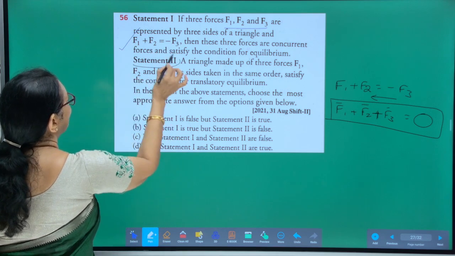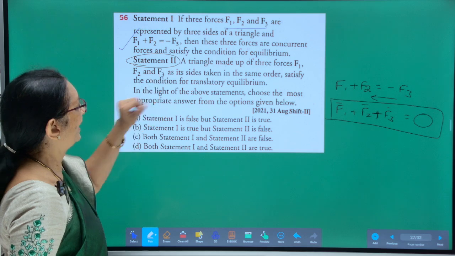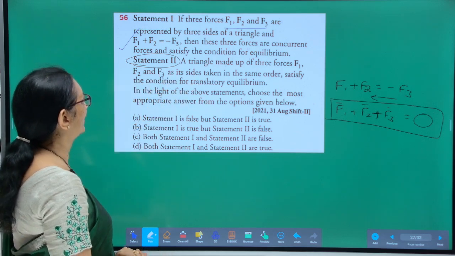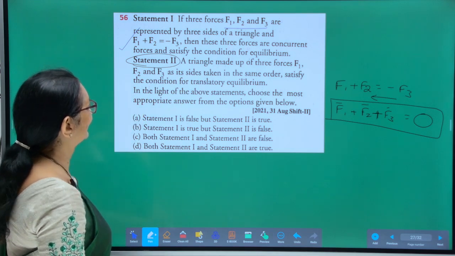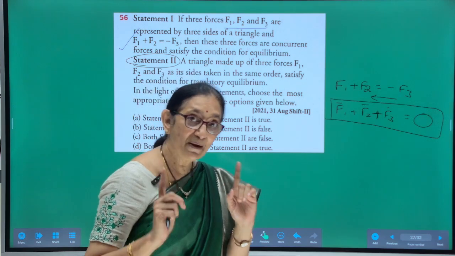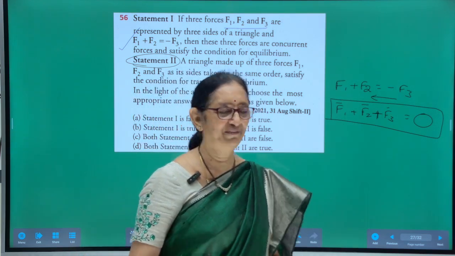Now, look at the second statement. A triangle made up of three forces as its sides taken in the same order satisfy the condition for translational equilibrium. Remember the triangle law of vectors.